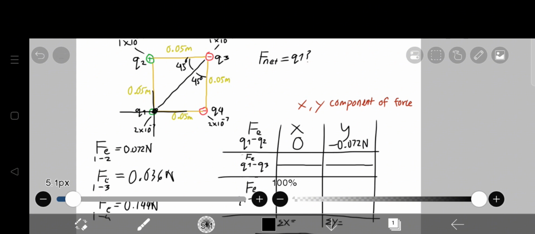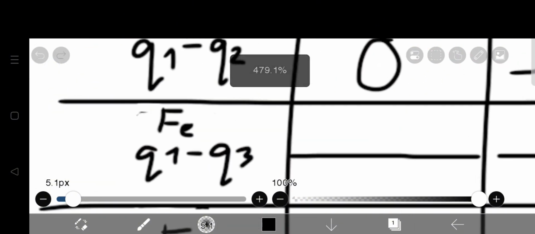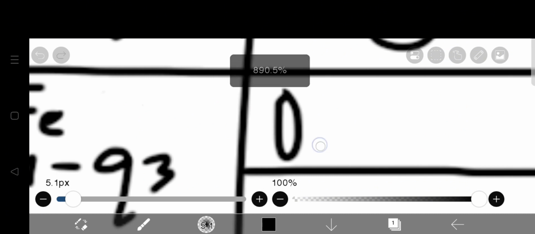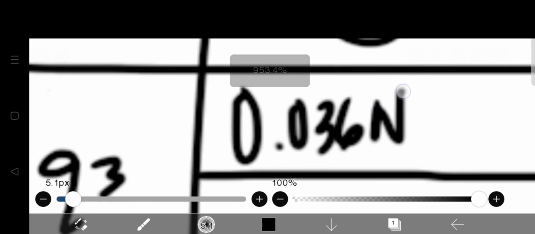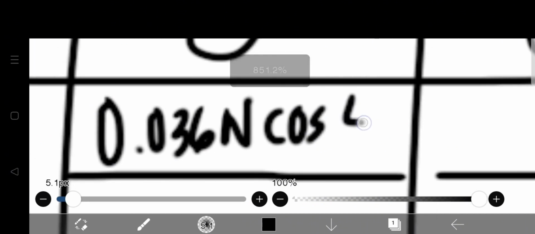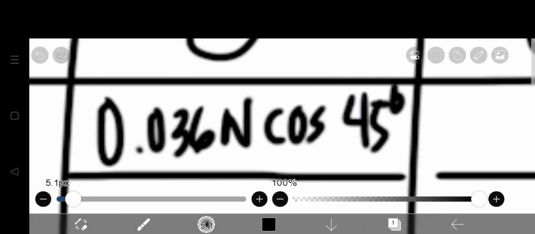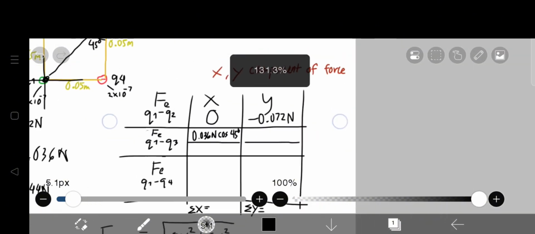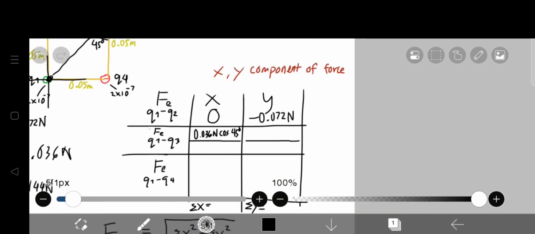So, in order to get the x component nung force between Q1 and Q3, we simply take 0.036 newtons, and multiply it by the cosine of 45 degrees. Now, we use cosine because we are getting the x.